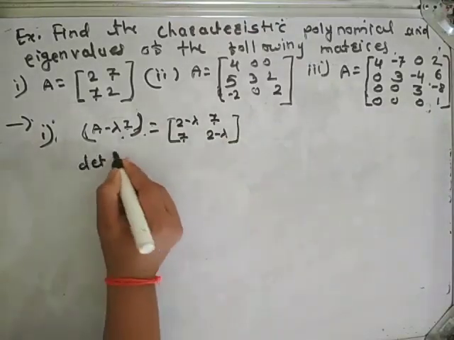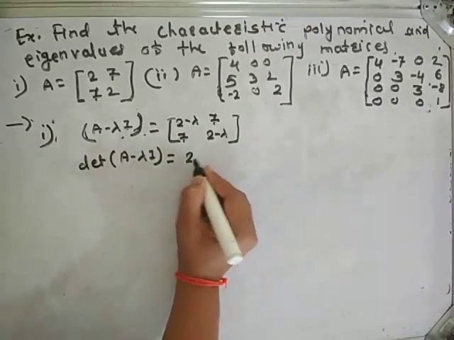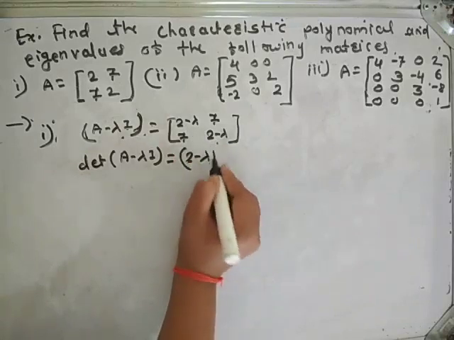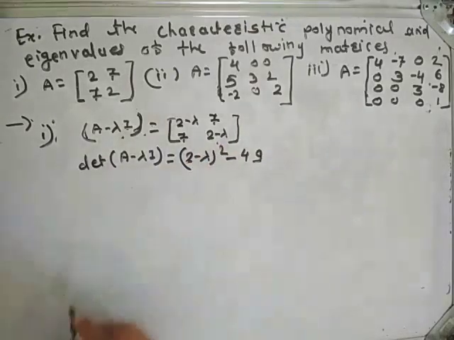Now determinant of A minus lambda I is equal to 2 minus lambda into 2 minus lambda, which is (2 minus lambda) square minus 49.